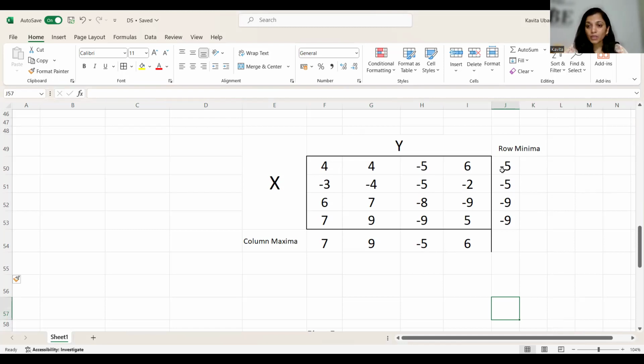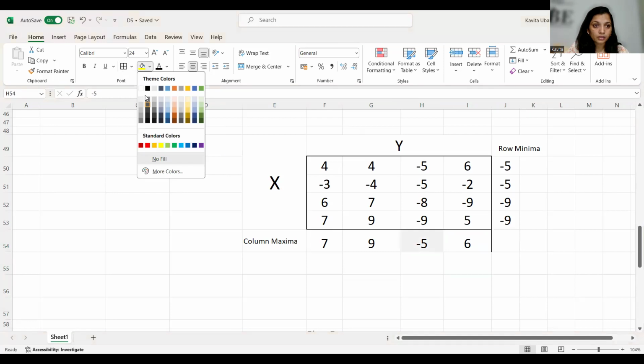In this game, the row minima are -5, -5, -9, and -9. The column maxima are 7, 9, -5, and 6. So there is a common number in row minima and column maxima, and that is -5. I hope it is clear.